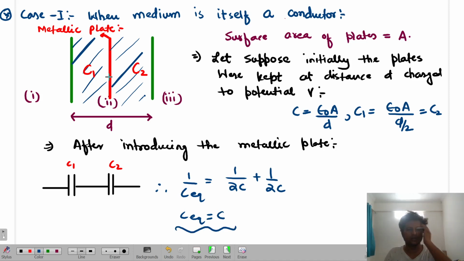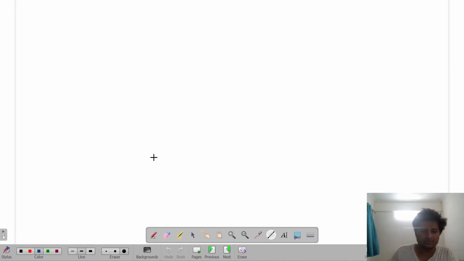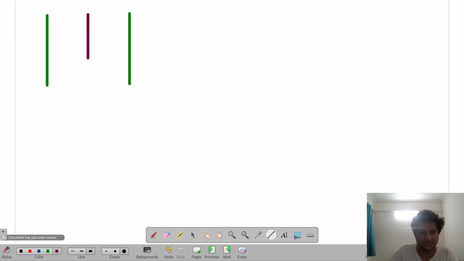No. So when we introduce a metallic plate in this kind of terminology, the equivalent capacitance never ever changes. Are you able to get me or not? Is that clear? Next point is, let's suppose in between these plates I introduced one metallic plate, which is the same metallic plate they gave you in the question.